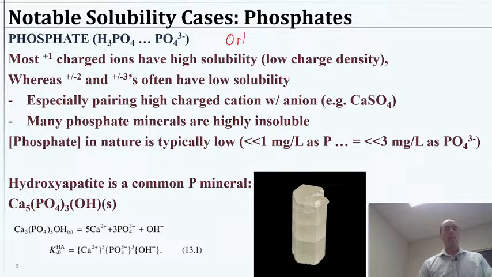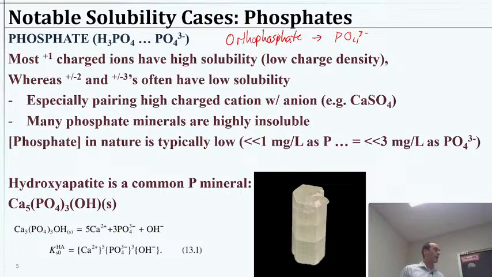We will often say orthophosphate, and say that's our corrosion control. That is the form PO4 3-. So if we are adding orthophosphate to a system, maybe as Na3PO4 or something, it will dissolve as that orthophosphate form.